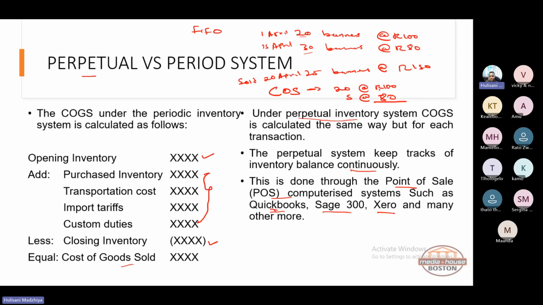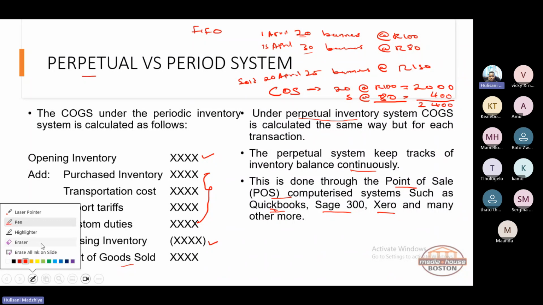So 20 multiplied by 100 is 2,000. 80 multiplied by 5 will be 400. So under FIFO, your cost of sales will be 2,400 under perpetual inventory.